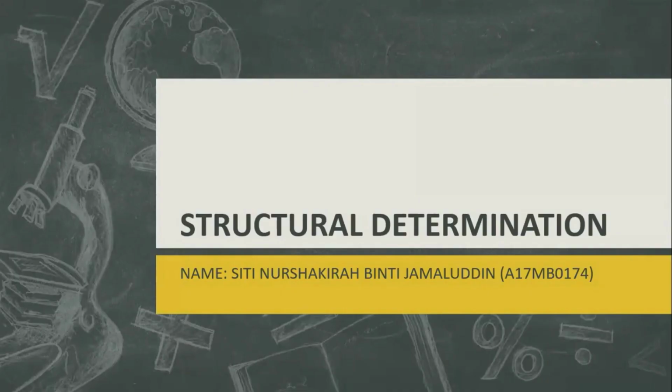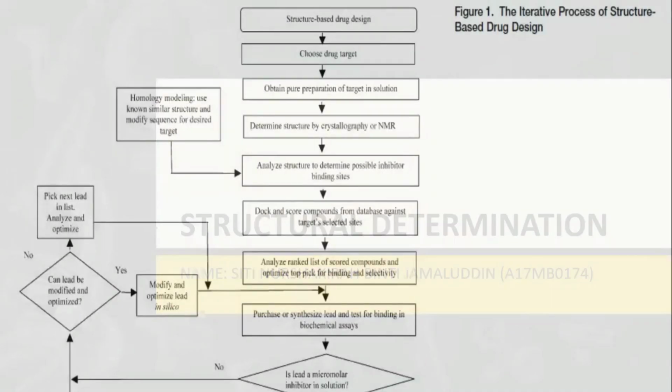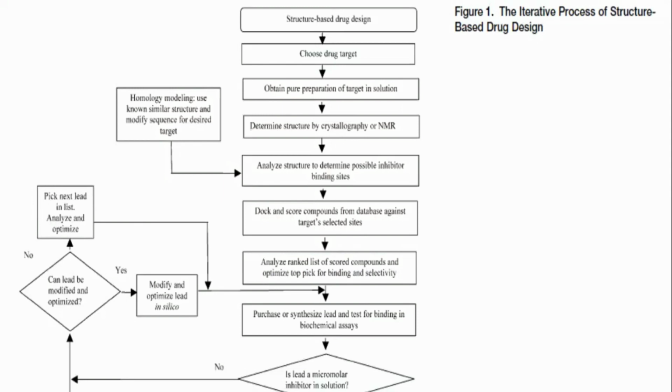We are representing the structure determination of the neuraminidase and fusion inhibitor. Before I begin this presentation, I would like to give a short summary on the process of structure-based design. This process often requires multiple cycles before an optimized drug goes into clinical trial. The first cycle includes cloning and purification of our drug target.